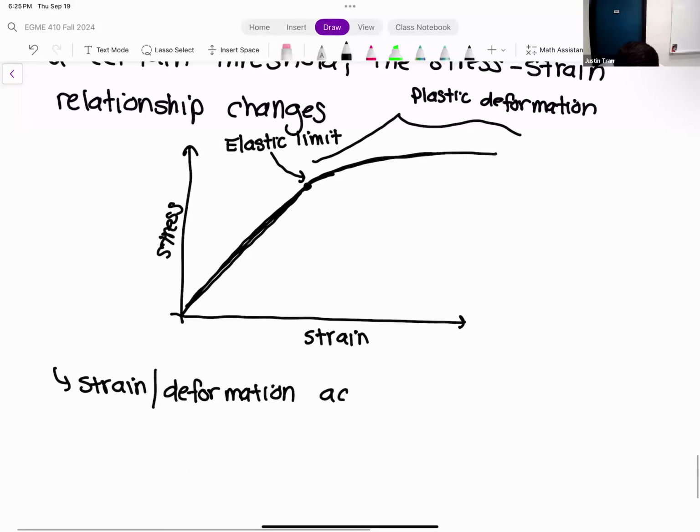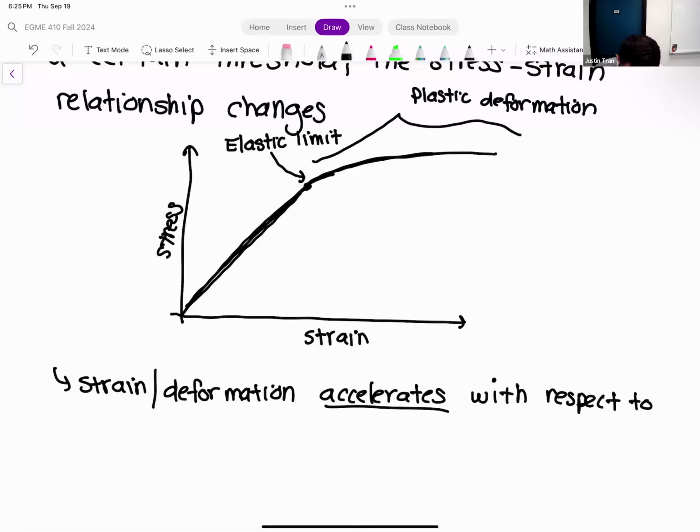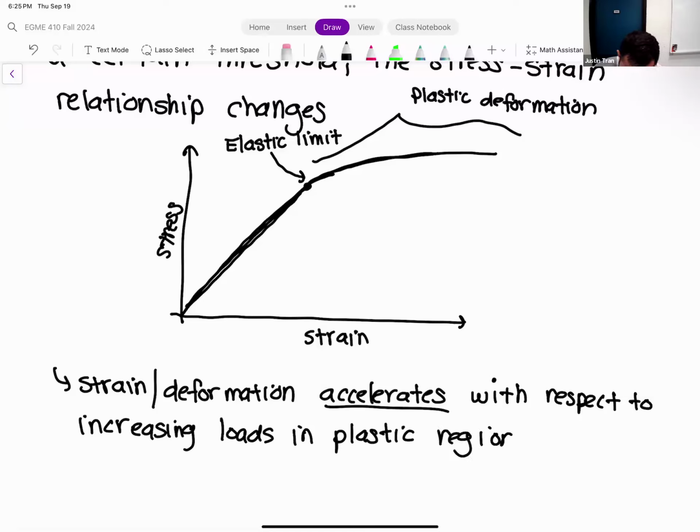Strain slash deformation accelerates with respect to increasing loads in the plastic deformation region. Okay. And so if you're in plastic deformation, you increase the load by a little bit, right? The strain is going to increase by a lot more.